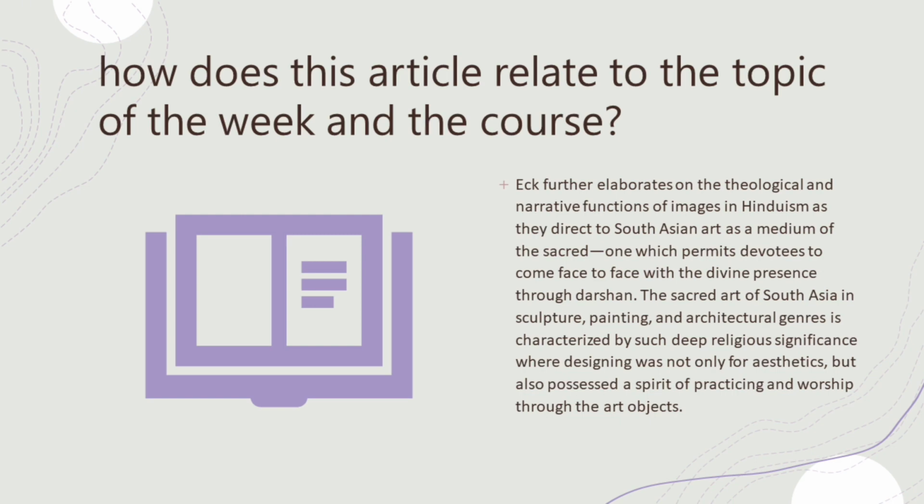The sacred art of South Asia in sculpture, painting, and architecture genres is characterized by such deep religious significance, where designing was not only for aesthetics, but also possessed a spirit of practicing and worship through the art objects.